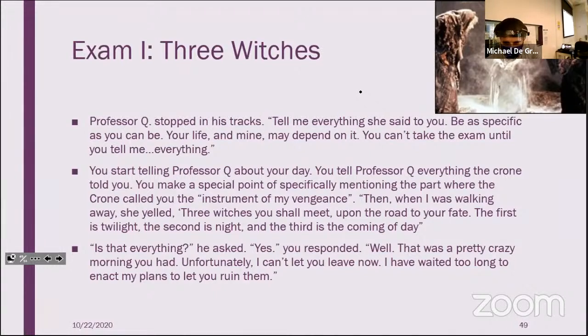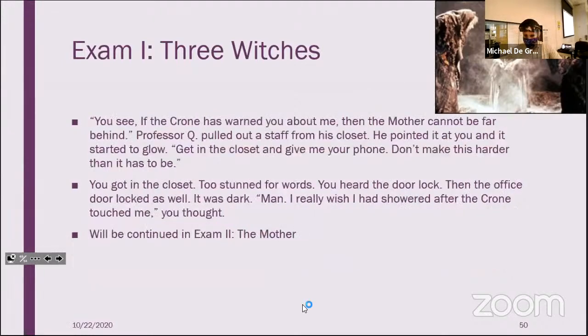You make a special point of specifically mentioning the part where the crone called you the instrument of my vengeance. Then, when I was walking away, she yelled, "Three witches you shall meet upon the road to your fate. The first is twilight, the second is night, and the third is the coming day." "Is that everything?" "Yes," he responded. "Well, that was a pretty crazy morning you had. Unfortunately, I can't let you leave now. I've waited too long to enact my plans to let you ruin them."